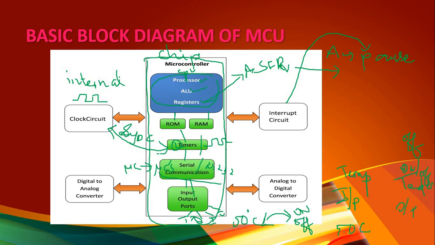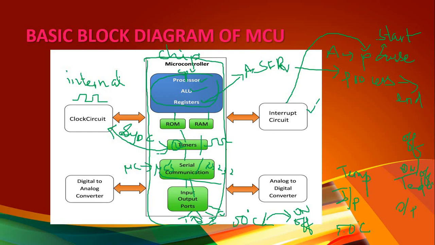Because this is a special function register, it will allow the special function register to process. Once the task of the special function register ends, it will start the A register work again where it paused and allow it to work. That is the work of an interrupt circuit.